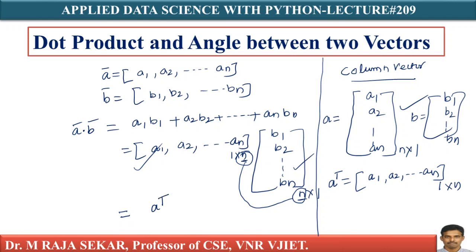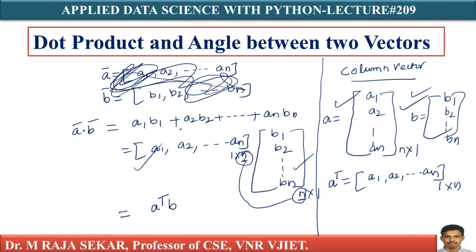Let me assume this is my A vector, this is my B vector. A transpose, this is A transpose into B. B is a column vector. And what does it all boil down to? It boils down to summation 1 to n.